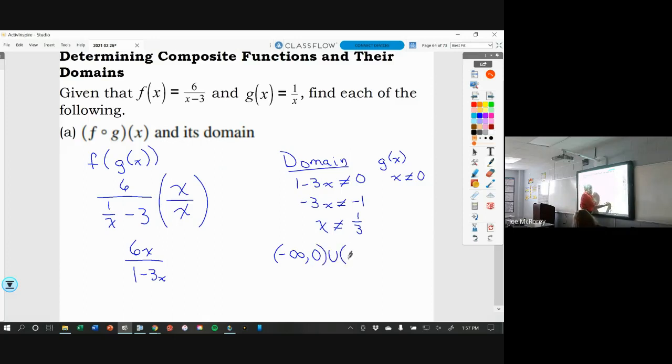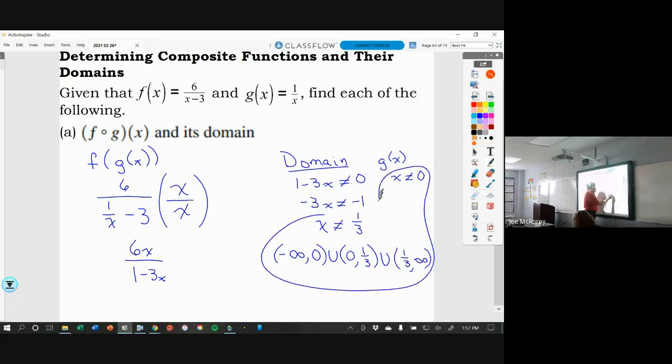It starts back up again at 0. And we're good until we get to 1/3. Union. Starts up again as soon as we pass 1/3 and goes to infinity. This is the domain.